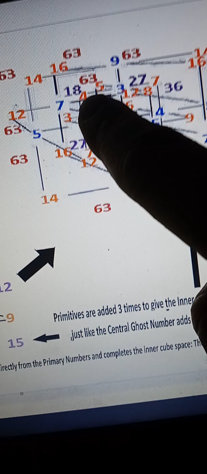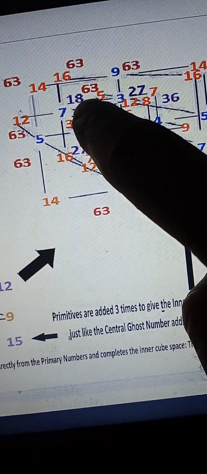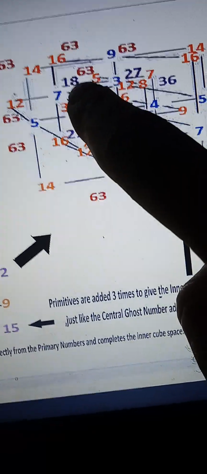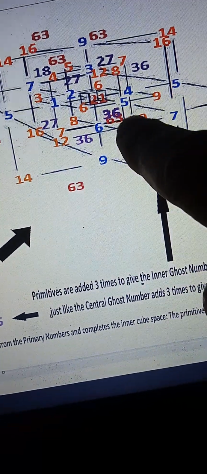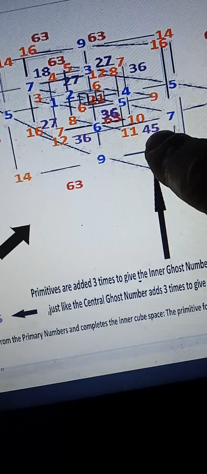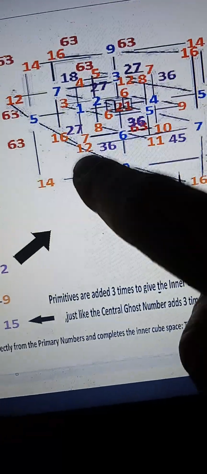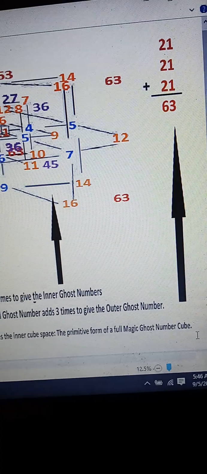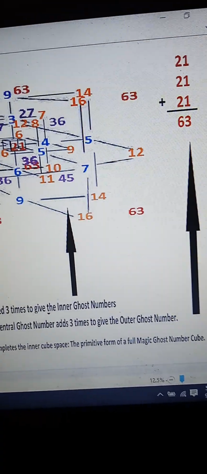And all these numbers can be found right here, which can be found in here when you add the primitives to themselves 3 times. 6 becomes 18, 15 becomes 36 or 45, and so on. So that's an equivalence in constructing a magic ghost number cube compared to the traditional way. Well, thanks a lot.